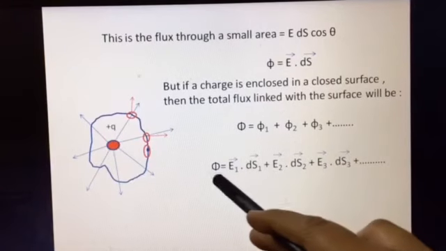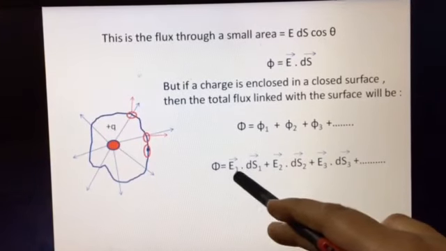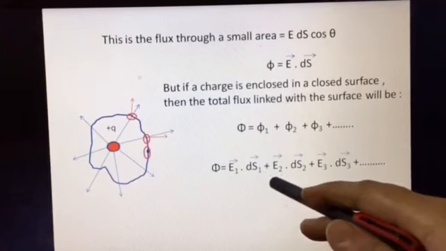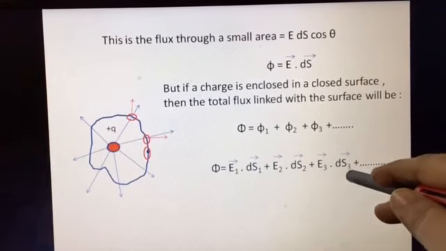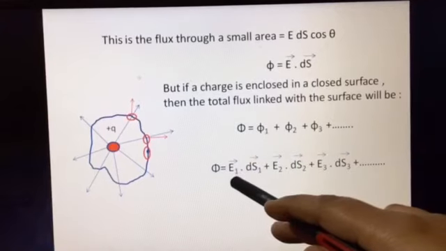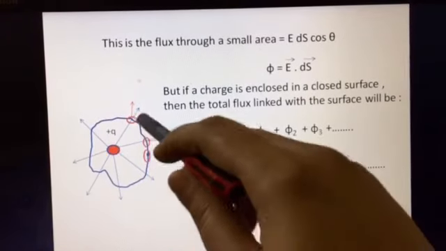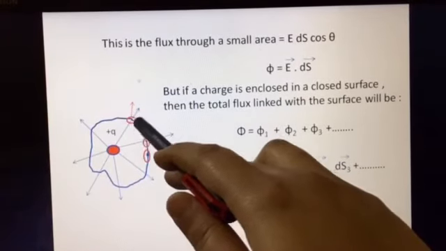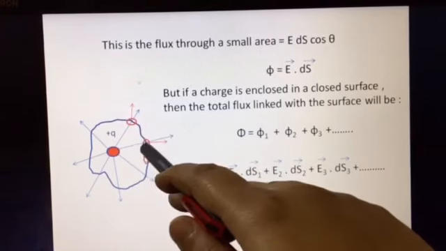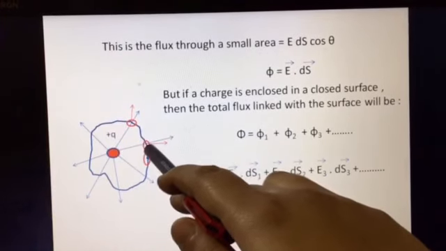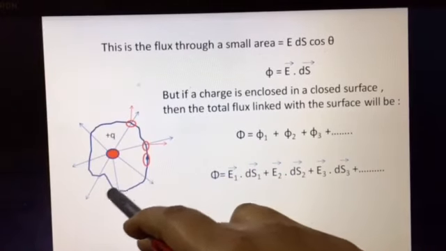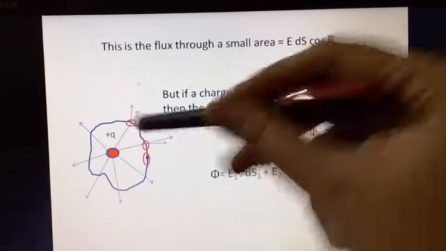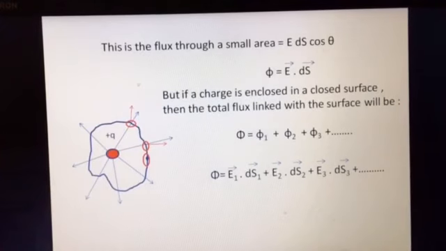So I get phi is equal to E1 bar dot ds1 bar plus E2 bar dot ds2 bar plus E3 bar dot ds3 bar. E1 is the electric field at this area ds1, E2 is the electric field at ds2, E3 is the electric field at ds3, and so on. We consider all the areas that make up this entire closed surface.